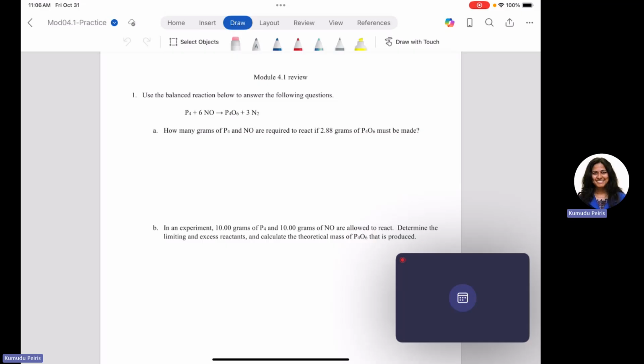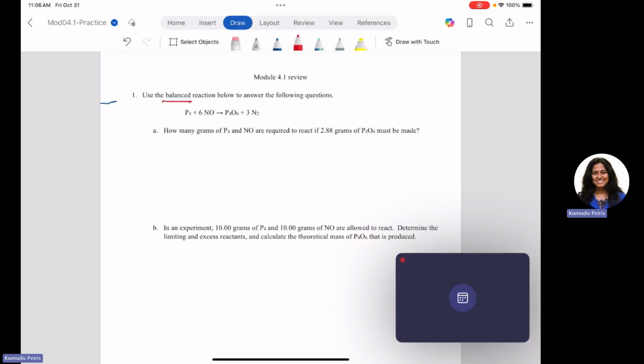Use the balanced equation. So when we read something like this, it will definitely help you when you highlight these things. Okay. So it says it is the balanced chemical reaction. So now your job is very much easier since the equation was already balanced.